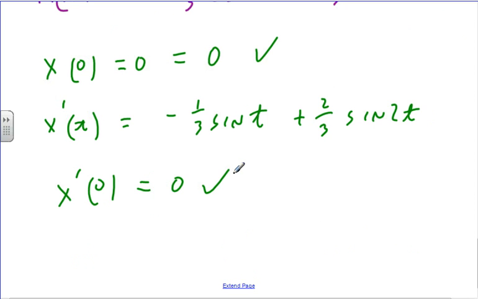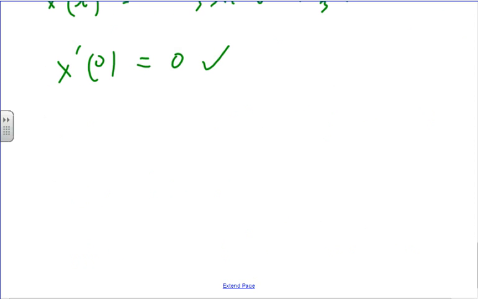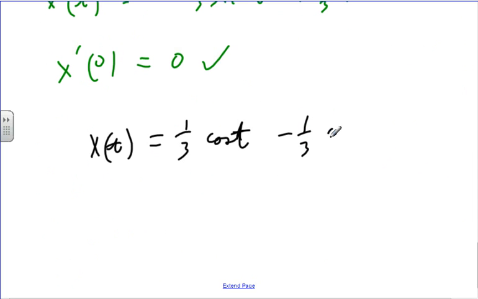We could check the rest of it. We have plenty of time. Might as well check the rest of it, right? We'll start over again. X of t, I'm still checking. X of t is 1/3 cosine t minus 1/3 cosine 2t.